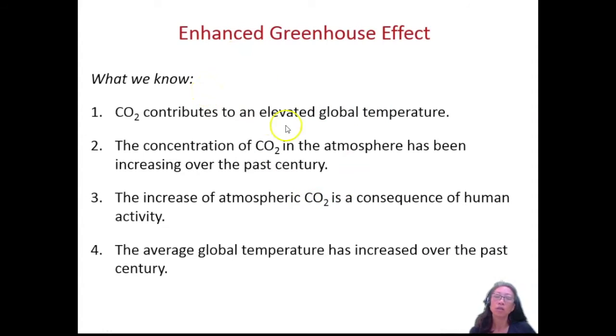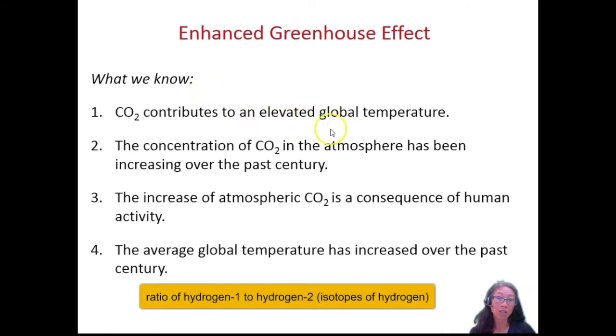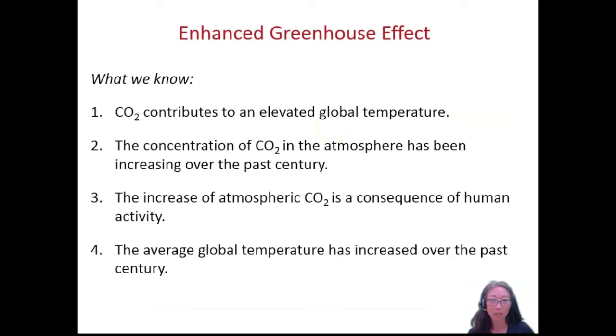We're also using hydrogen isotopes to link temperatures through the 1,000 or 100,000 or 1,000,000 years ago, and we can use current temperature recordings to note that the temperatures have increased just over the past century. So the question is, what is it that we don't know?